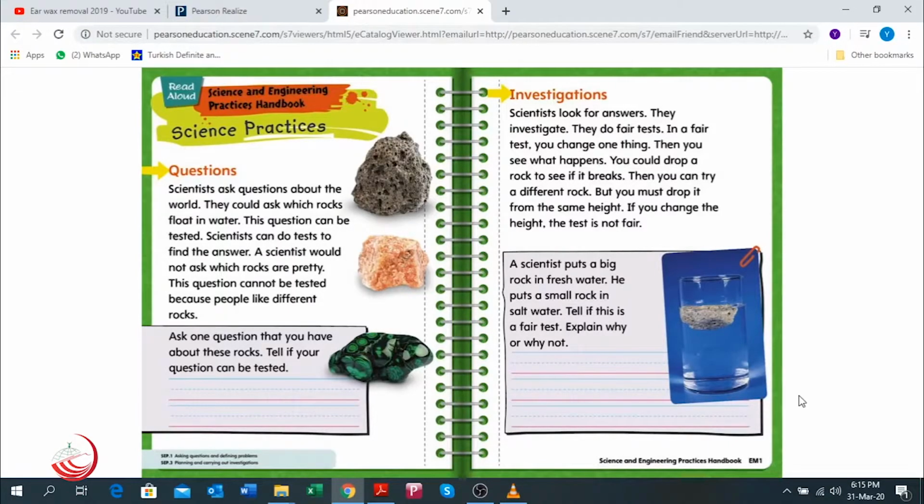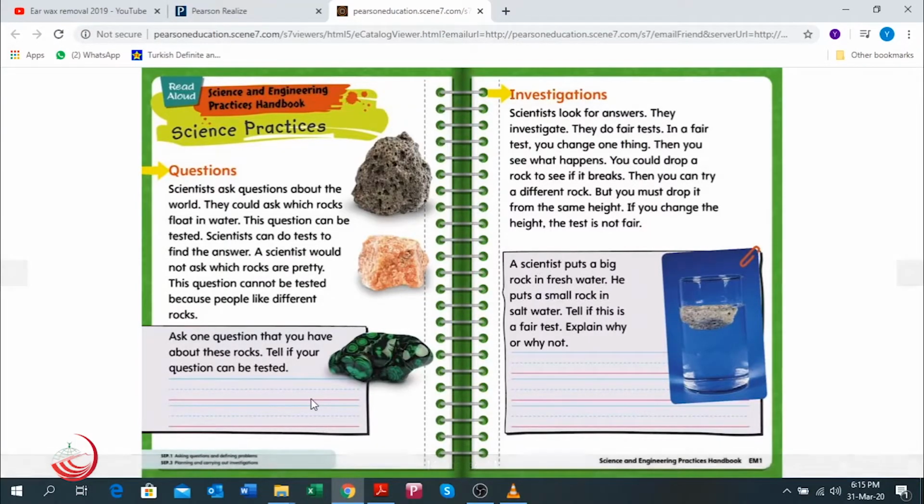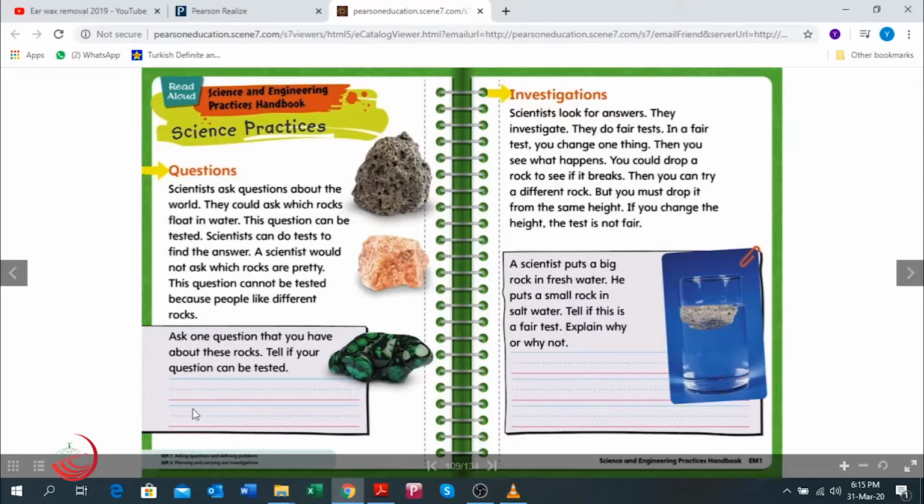So let's stick to one question. Which one is the heaviest? So I want you to answer me this. Can this question be tested or not? So down here, you're gonna write the question, which one is the heaviest? And then you're gonna tell me if this question can be tested or not.